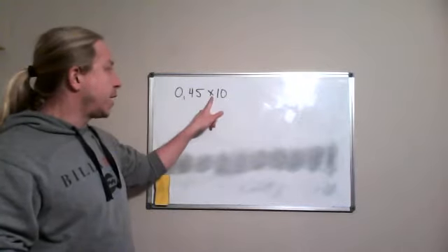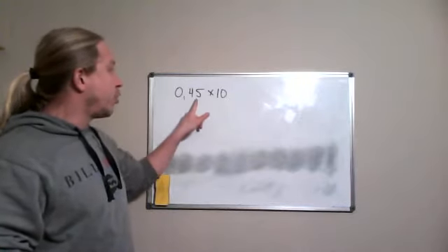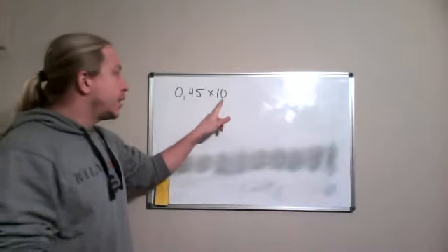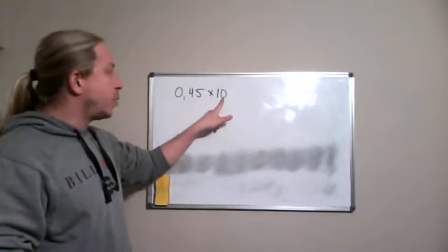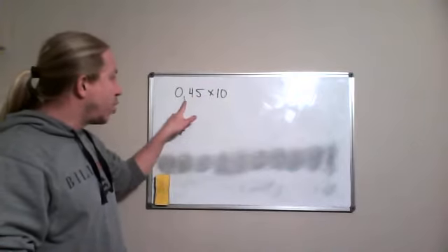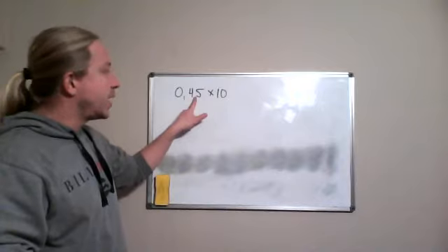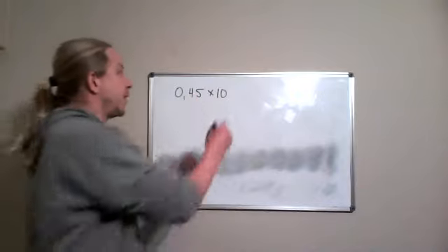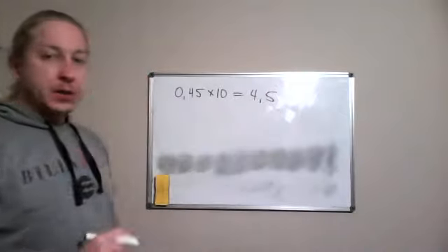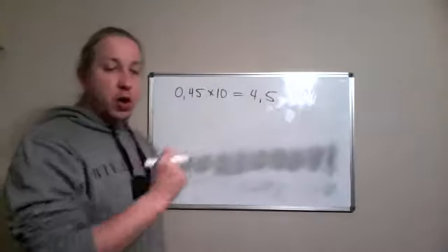If we are multiplying, then we move the comma to the right by the number of zeros that we are multiplying by. So here we're only multiplying by 10, which is 1 0. So the comma would move one space to the right, so it would be 4.5. So remember, when we multiply, move the comma to the right.